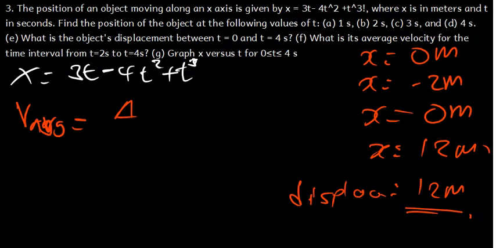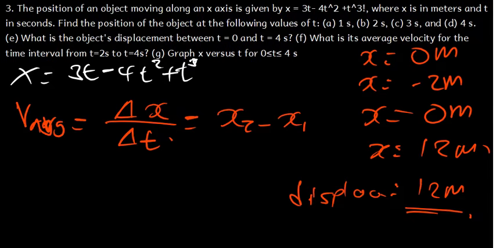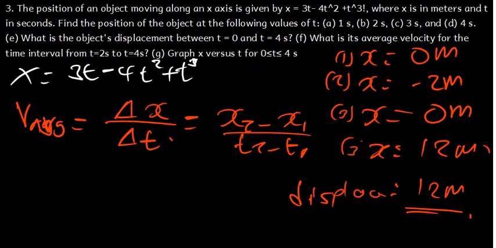it is the change in x divided by the change in t. So we're going to have x2 minus x1, which is the same as x final minus x initial, over t2 minus t1. That is going to be our average velocity. Remember this was when t was equal to 1, 2, 3, and 4.